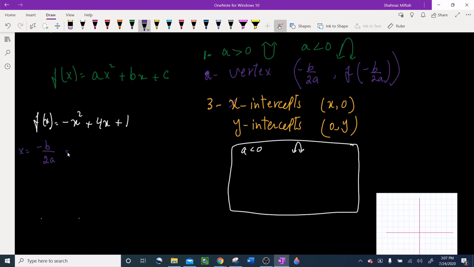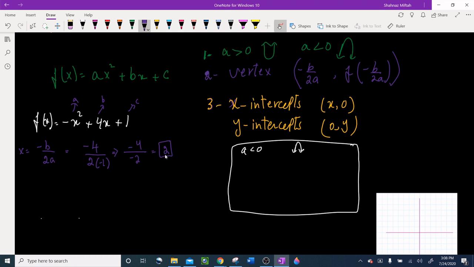So plug in negative b. b is 4, right? So the minus sign goes in, it's 4. I know this is a, that's b, and this is c. We already know that part. So that's negative 4 over 2a. What is a? Negative 1. Negative 4 divided by negative 2 will give me positive 2.